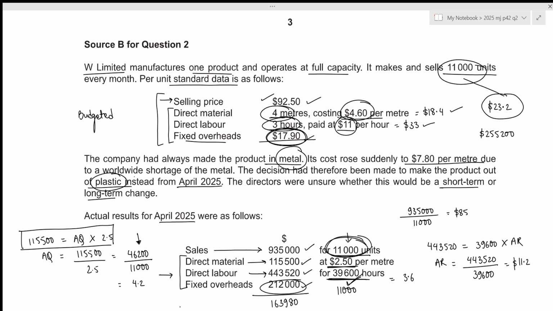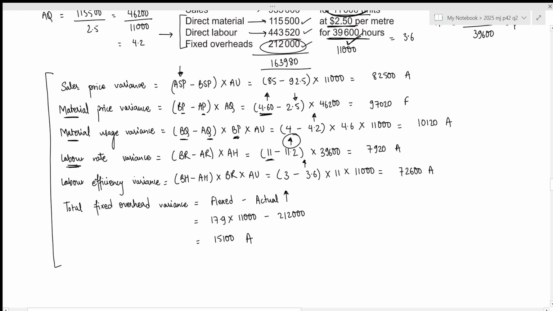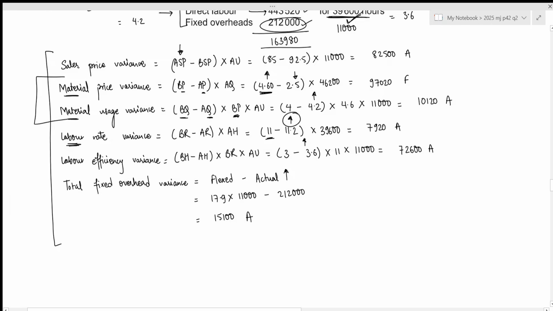So the very first thing we can write about whether the variance analysis is useful in this situation is that it is showing us the difference between our budgeted and the actual values, especially caused by the change in materials, because we have calculated both the material price variance as well as the material uses variance. Let's write it down.